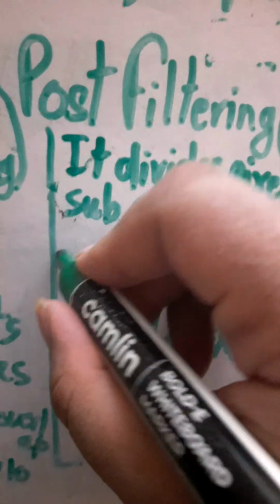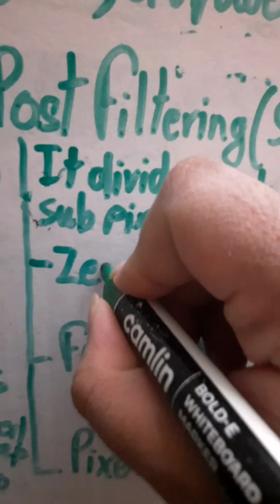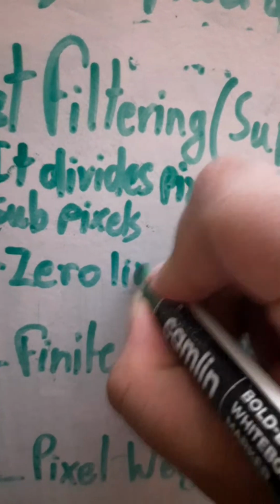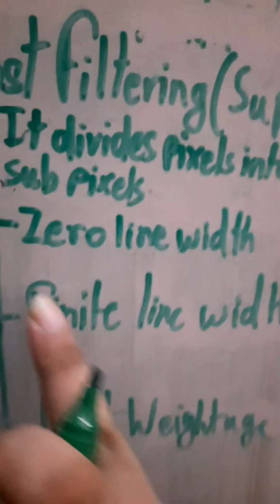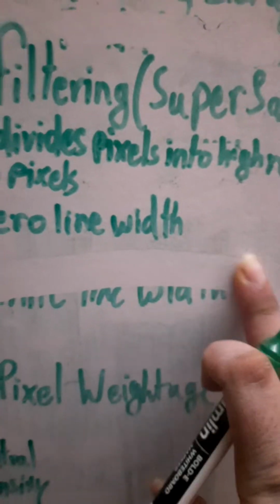Then zero line width we are talking about, right? So what happens here?